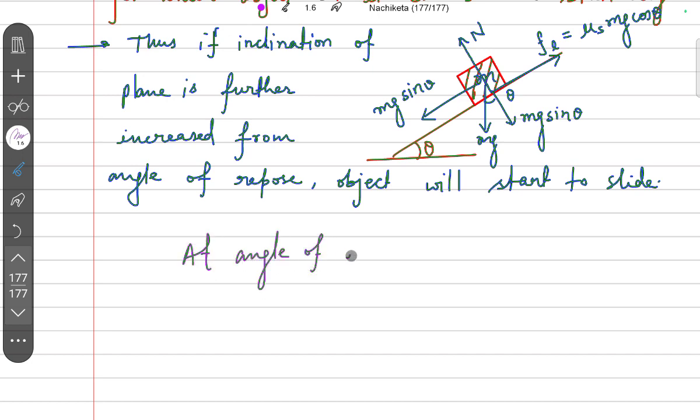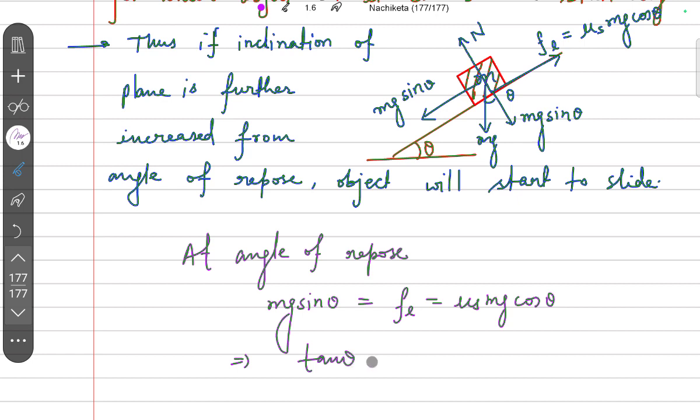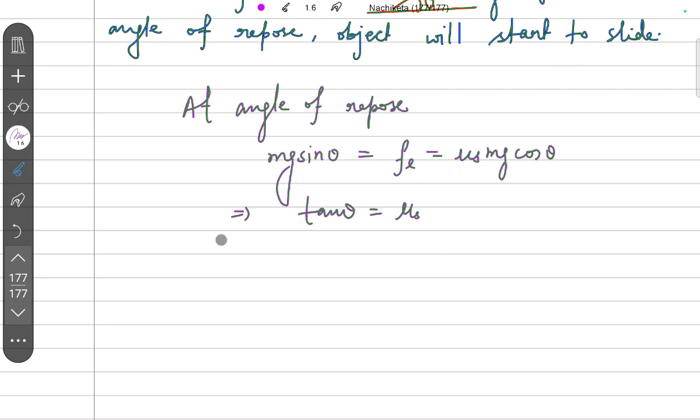At the angle of repose, mg sin theta has to be equal to FL. Means again, tan of the angle of repose is equal to the static friction coefficient mu s.